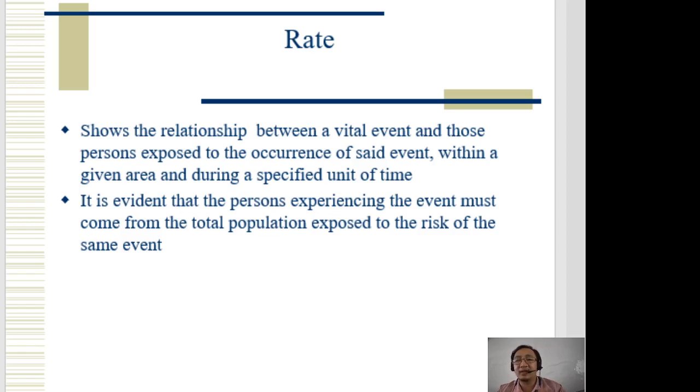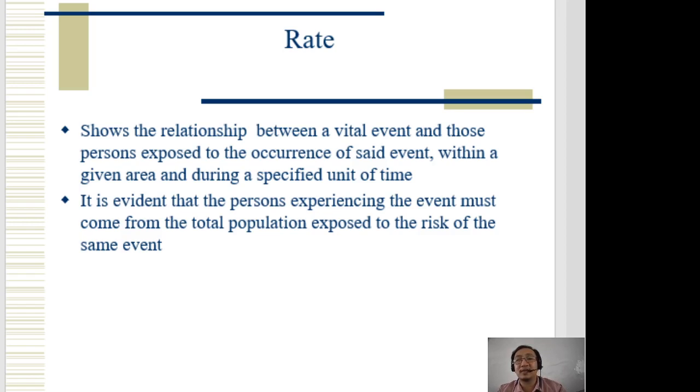So again, rate is a term that shows the relationship between a vital event, a very important event, and those persons exposed to the occurrence of the said event. When you say persons, it usually refers to a group, a population, the whole population, or even just a cohort, which we will discuss later, or an at-risk population.